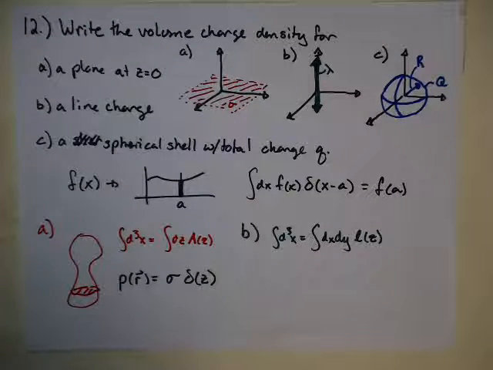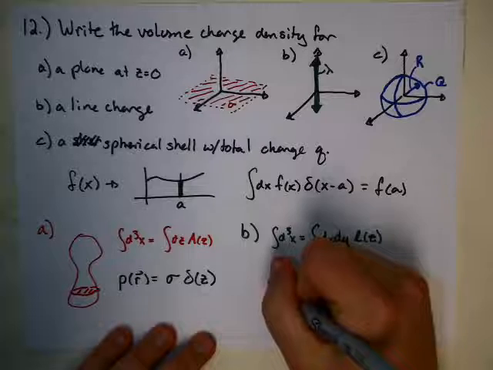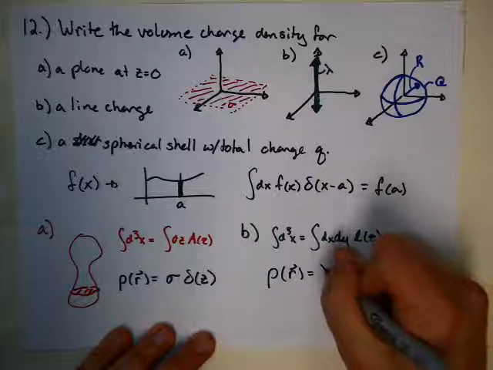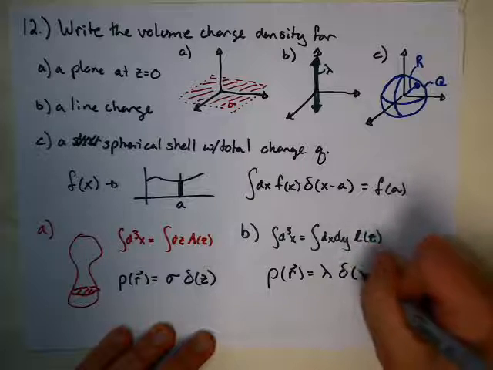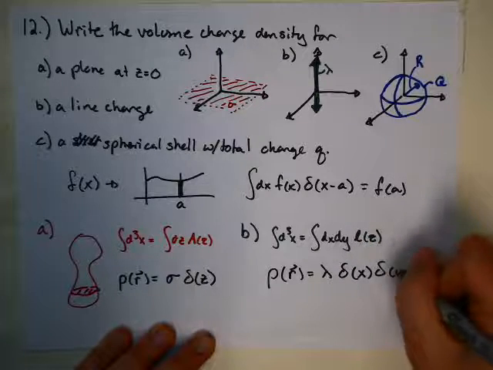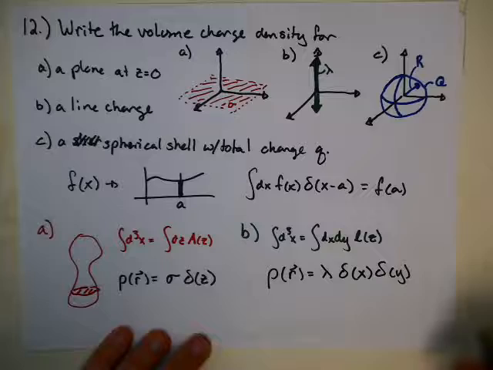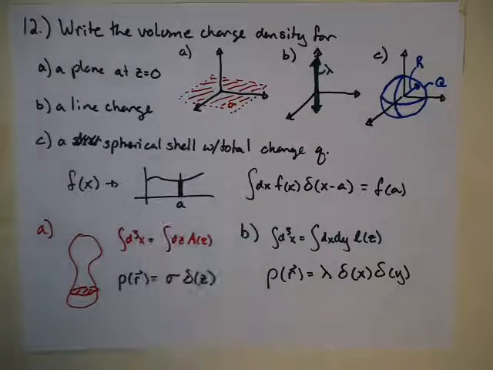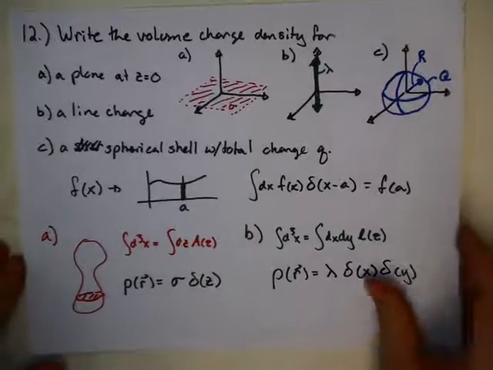The actual multiplication that I'm going to need is my charge density rho is going to be lambda, and it needs to fix the x and the y coordinates. And so that's how I'm going to justify part 2. And this is all using simply that property of the delta function that we want.